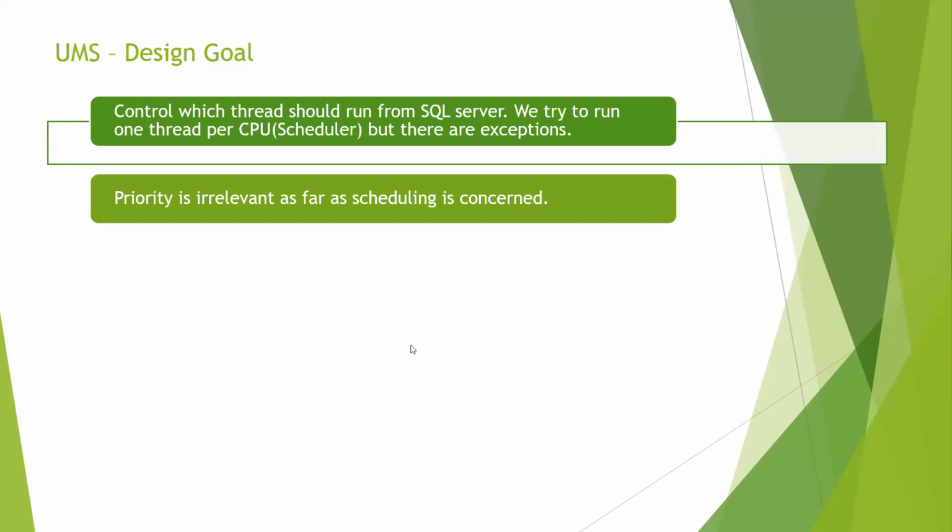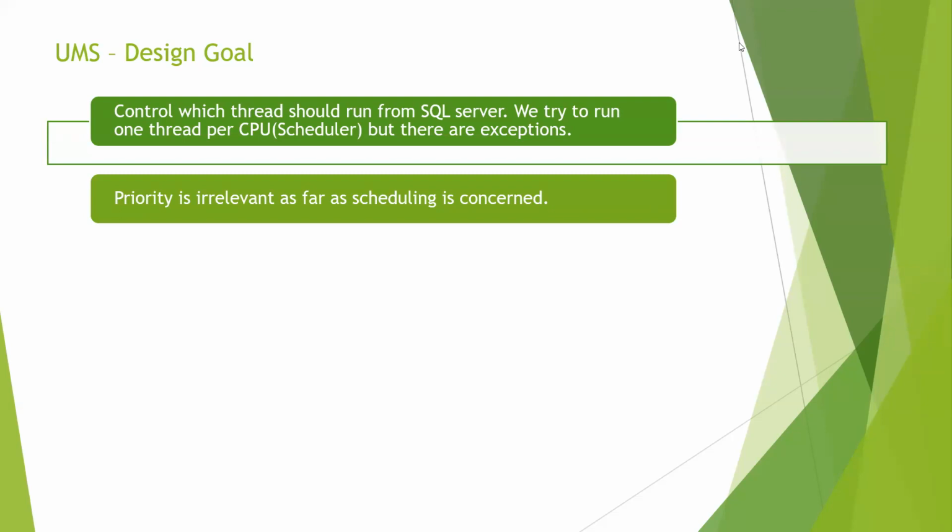That is one reason. In the Windows operating system, it is priority driven, right? If a high priority thread comes in, the Windows operating system will allow the high priority thread to execute, and the low priority thread will be kicked out of CPU and go back to the queue, right?